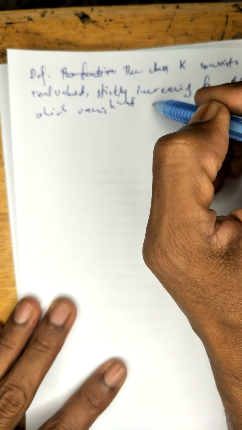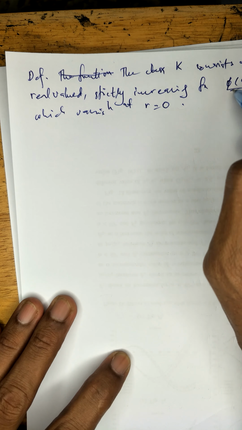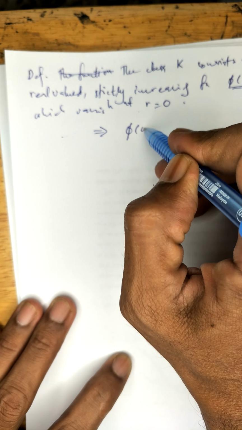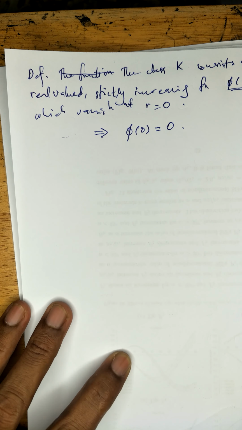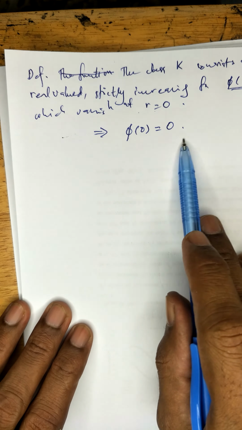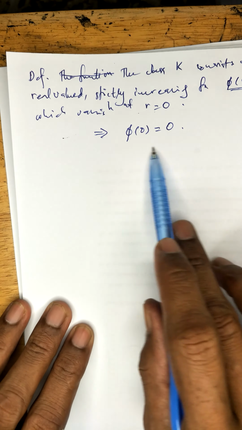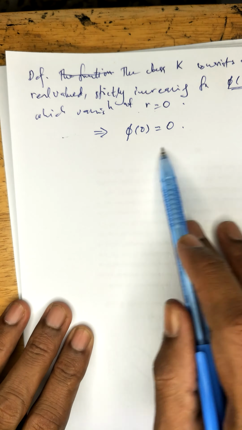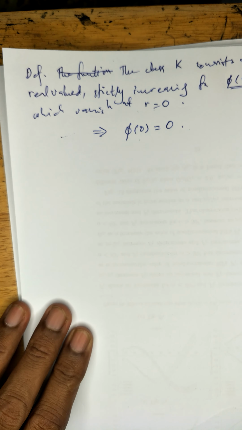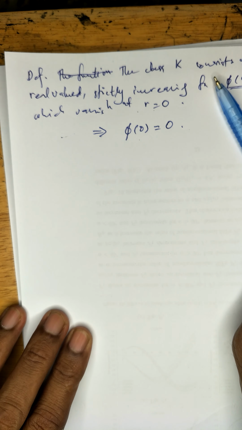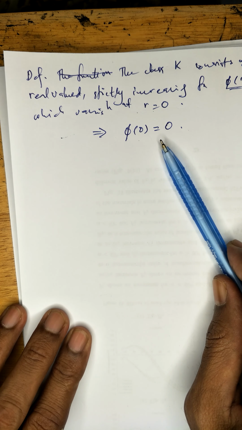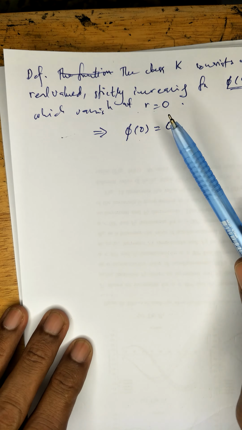This means phi(0) is equal to 0. So all functions having these properties are contained in class K.